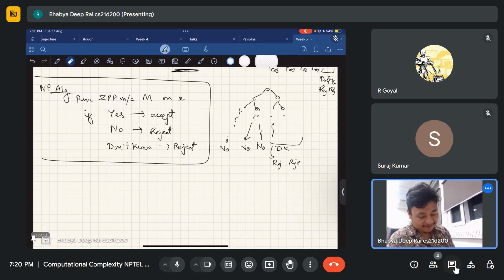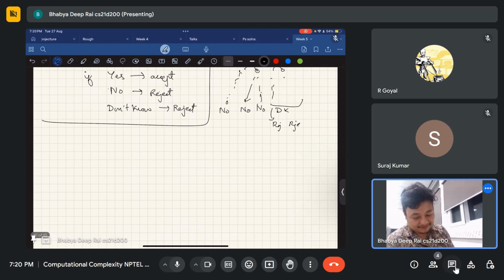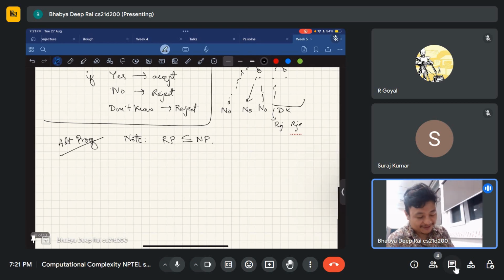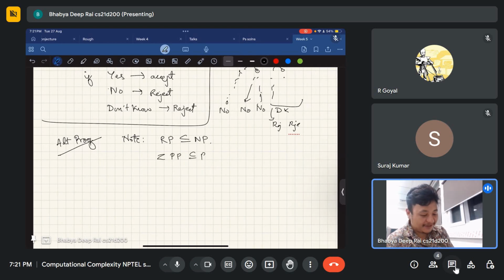Firstly, an alternate proof. Use the fact that RP is contained in NP, and the question to you is: is ZPP contained in RP?